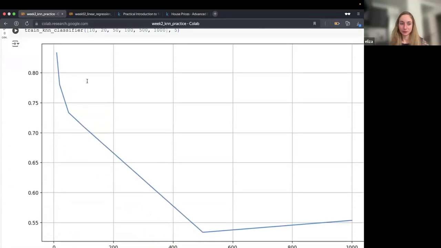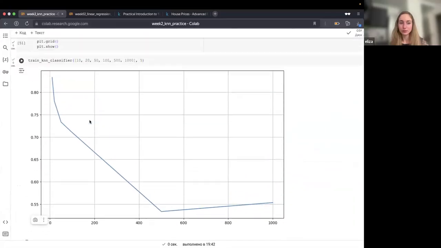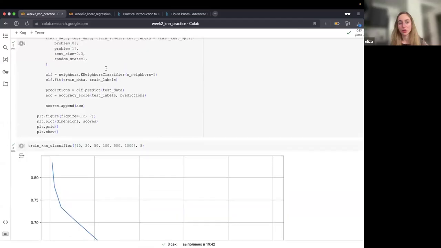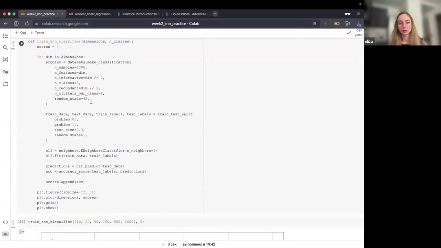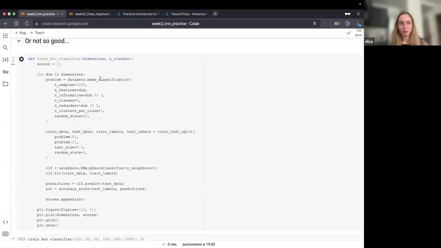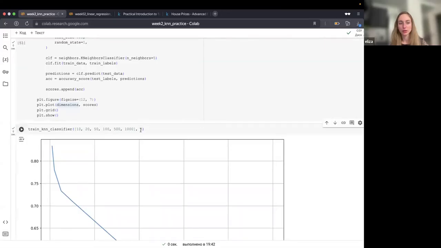Okay. On this graph, you can see how our accuracy metric decreases if we increase the number of features. Dimensions and classes, 5 classes.